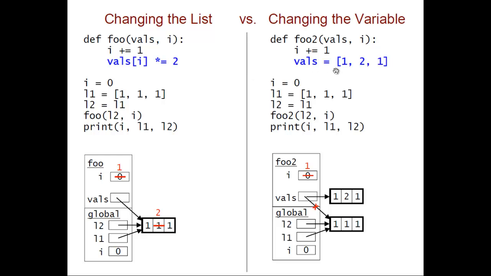However, this function, foo2, wasn't changing the internals of the list that had been passed in. Rather, it created a brand new list and changed what was in the local variable vals. So we're changing the local variable here and making it refer to something else rather than changing what was in the original list.